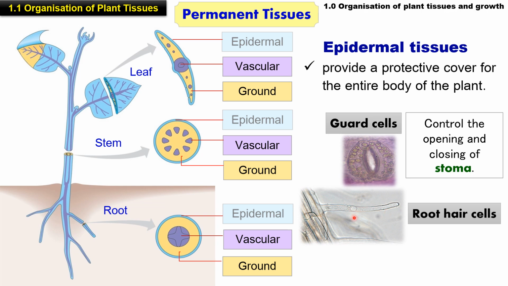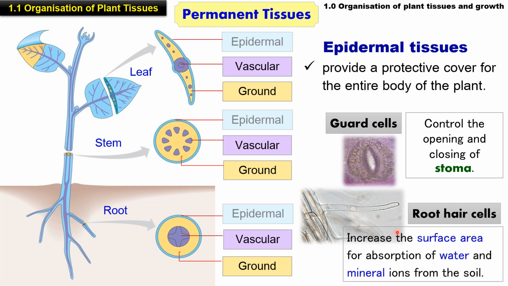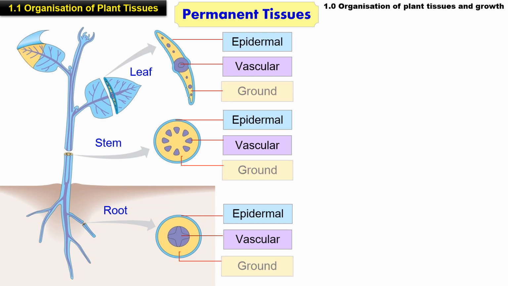Yang kecil-kecil tu. What is the function of the root hair cell? Increase the surface area for better absorption of water and mineral from the soil. Boleh? Okay, next. Settle about the epidermal tissue, we will go to the ground tissue, yellow color.